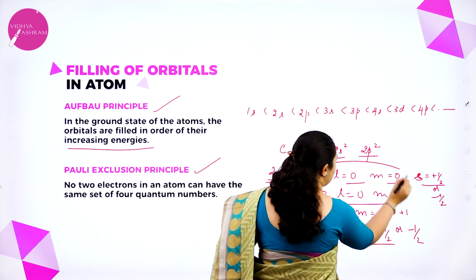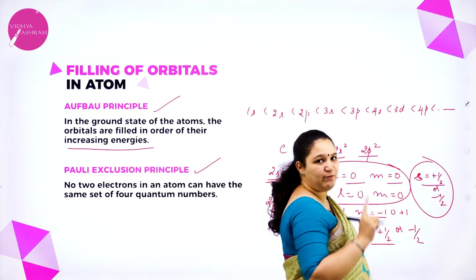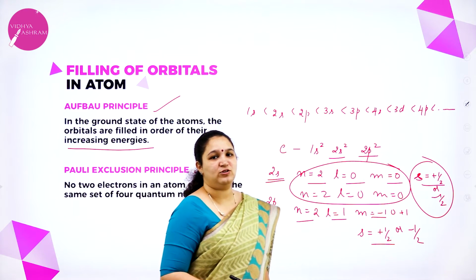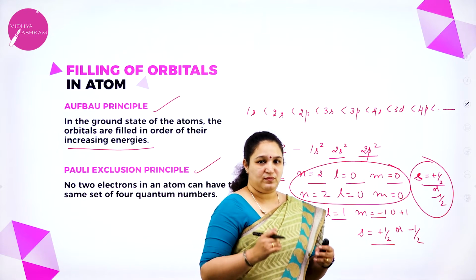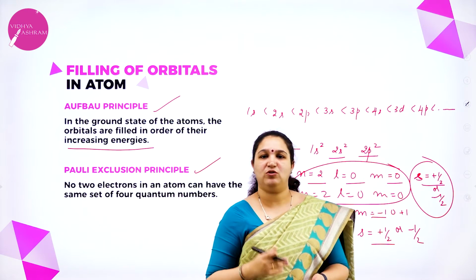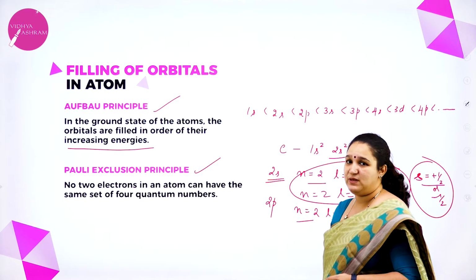All these three values will be the same, but the s value will differ: one electron will have plus half, the other electron will have minus half. So none of the electrons in an atom can have the same set of 4 quantum numbers. That is given by Pauli's exclusion principle.